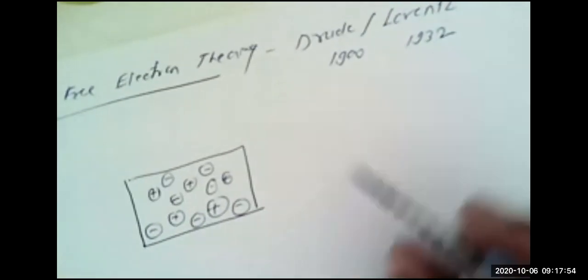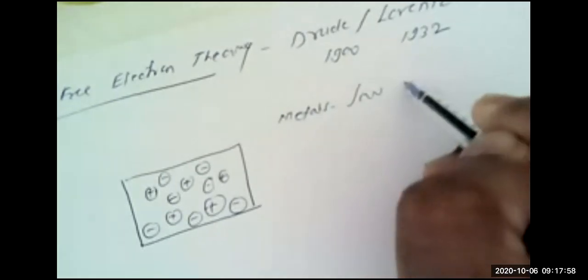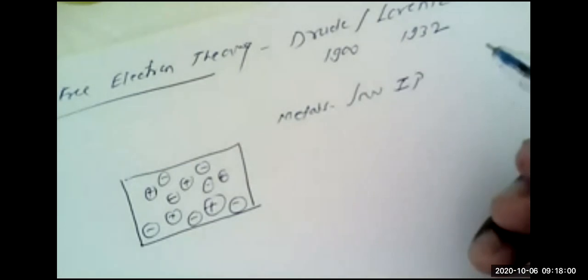As we know that metals have very low values of ionization potential. What is this ionization potential?